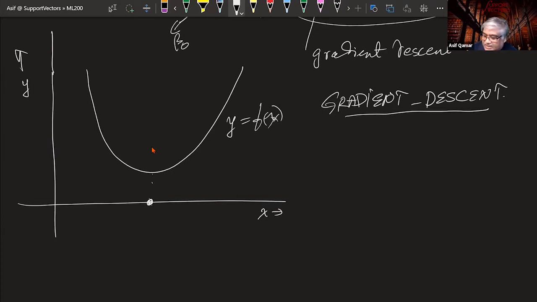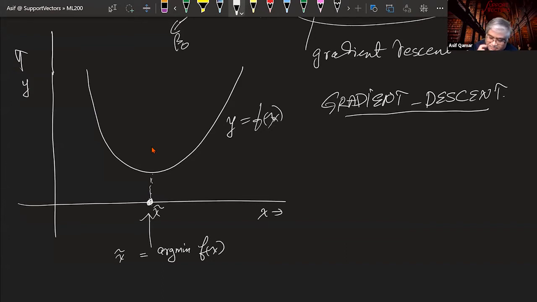What is this point? This point is, in our new language, the argmin of f(x). It is that special value x tilde where this function is minimized. So how do we reach this?